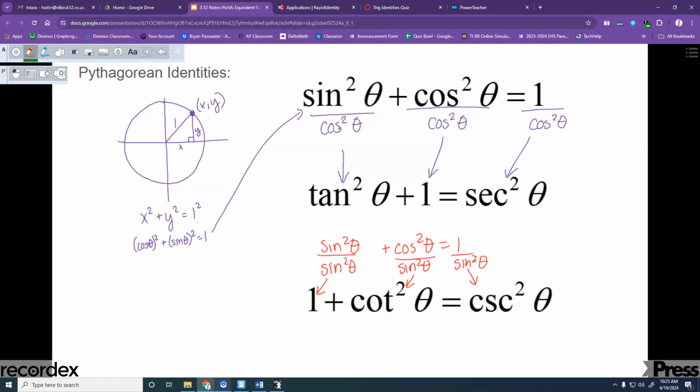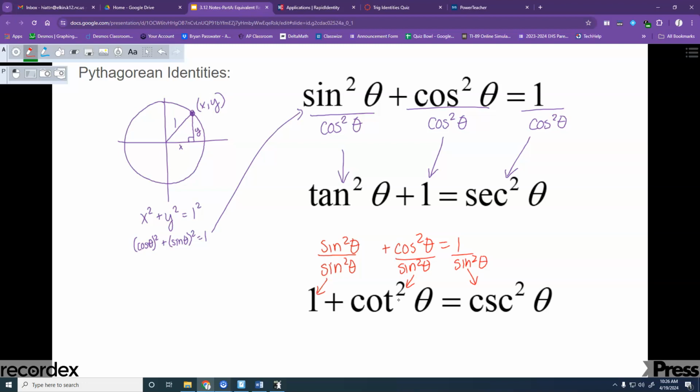So, I need you to know those other two, but sometimes I have to stop and take the one I know, sine squared plus cosine squared equals 1, and try to remember how to get it for that. So you can do that over to the side if you need to on your quiz to get the other two. I've had students ask me why is it tangent squared plus 1 here and it's 1 plus cotangent squared here?